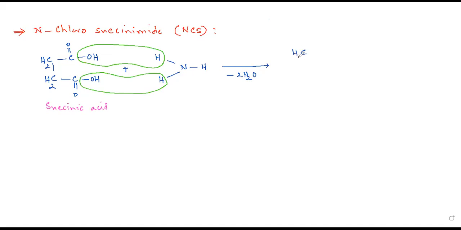Then we get this: CH2, C double bond O, C double bond O, then NH. Okay.